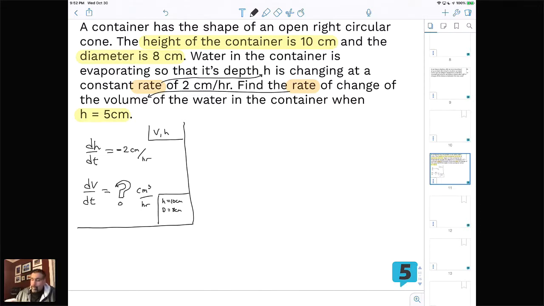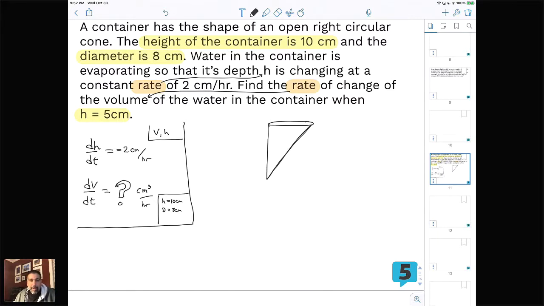All right. So what we want to do is think about what that would look like, a right circular cone. To me, what I think of when I hear a right circular cone, that's a cone that is kind of made out of a right angle. So the cone actually would look something like this.